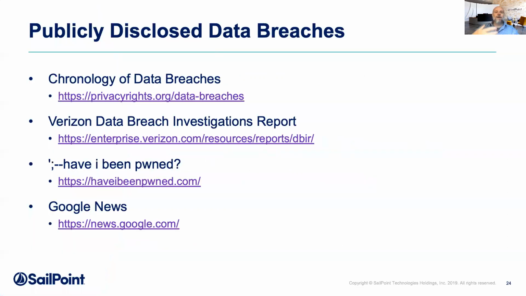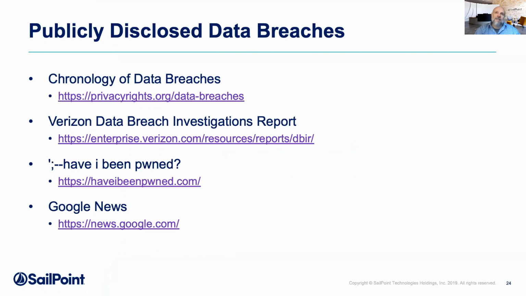And when it comes to identifying threats that you should evaluate as part of your process, privacyrights.org has maintained a chronology of publicly disclosed data breaches for years. They have breaches dating from 2005 to 2019. Who was compromised? What do we know about it? How many records?